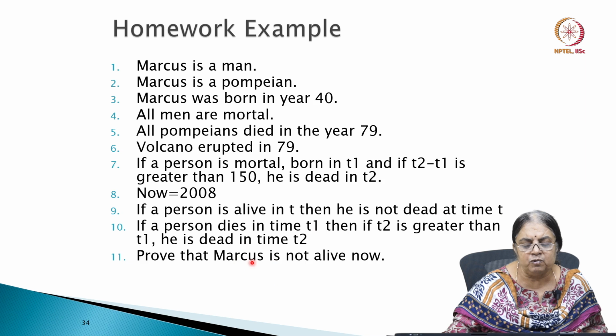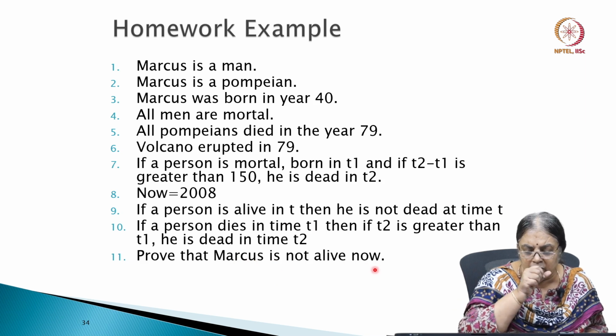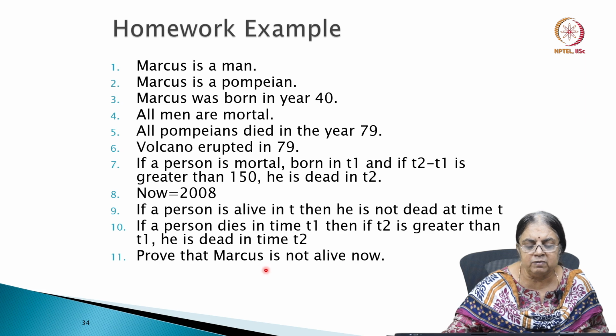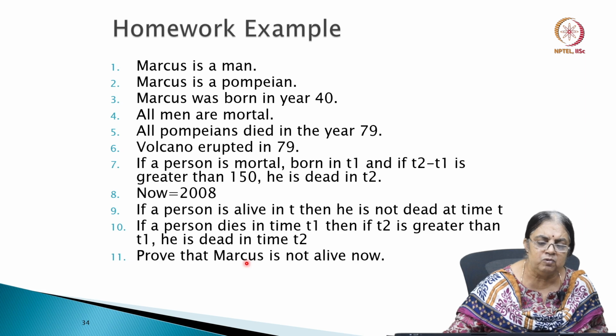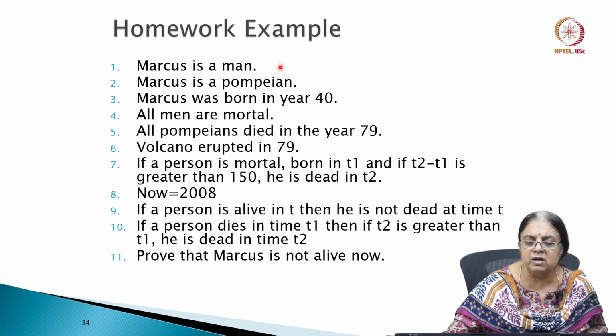What we need to prove is that Marcus is not alive now. In other words, Marcus is mortal, and if he is mortal, he is dead now. That's what we need to prove over here. So you can take each of these sentences and convert it into predicate logic, and then you need to prove Marcus is not alive now.